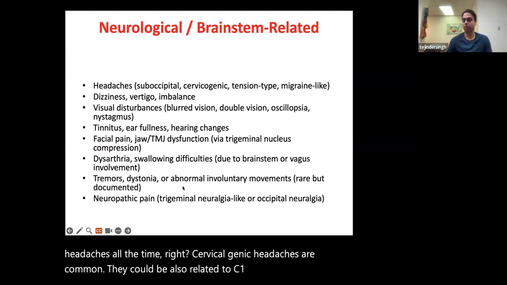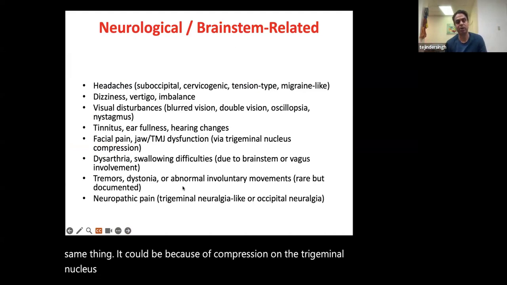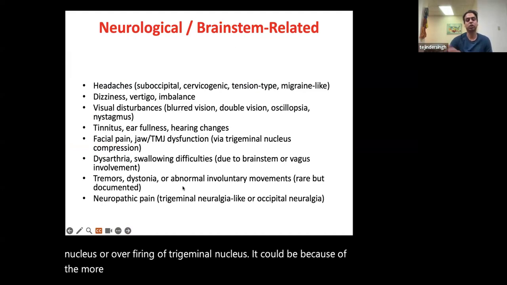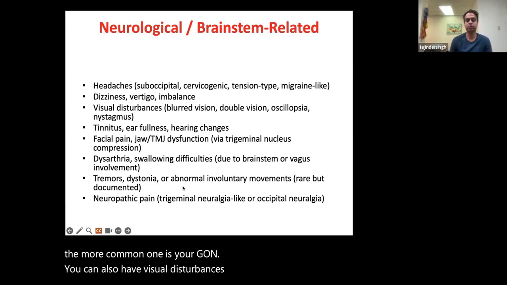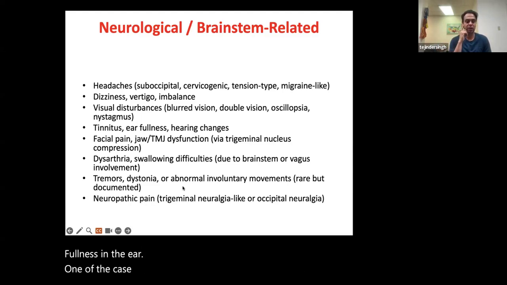It's the same thing. It could be because of compression on the trigeminal nucleus or overfiring of trigeminal nucleus. It could be because of, the more common one is your GON, greater occipital nerve. You can also have visual disturbances like blurred vision, can have fullness in the ear. One of the case studies, I think patient had like TMJ dysfunction with it, which I'll talk about.